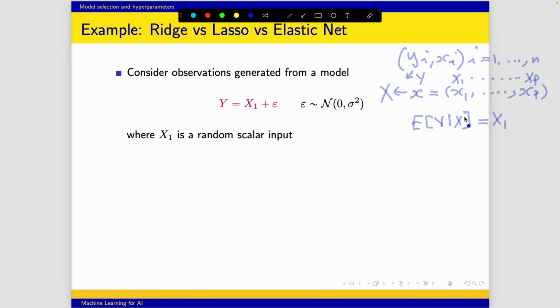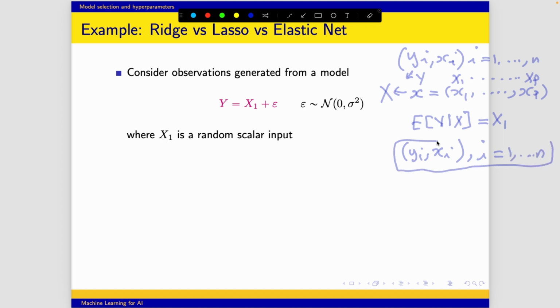And none of those are going to influence the output y. We have designed our synthetic data to basically only have a dependence on the first one of these, the x1. So this is the true relationship, but we don't know that. The point is, all we have is this, where these are vectors, right? And they have p components, only the first of which actually influences the outputs. So this is all we have from i equals 1 up to n.